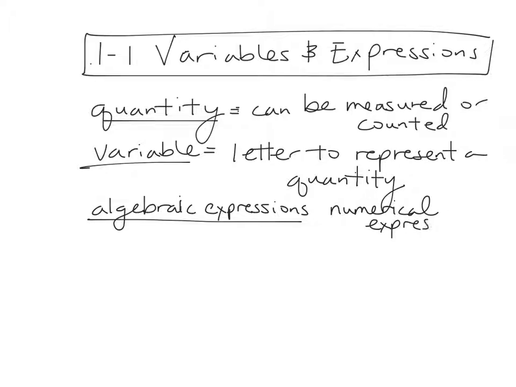Okay, and we're going to talk about the difference between the two. So an algebraic expression, okay, is going to be a math phrase that has variables. Okay, so algebraic has a variable or variables.